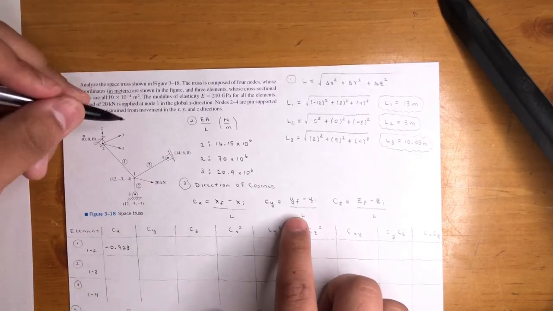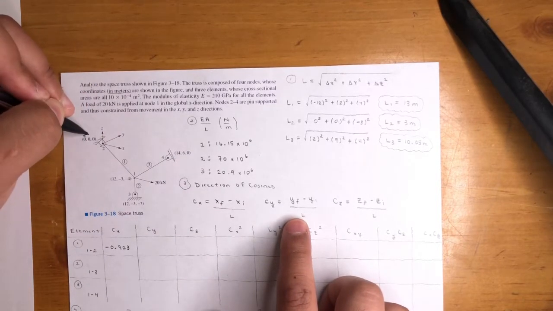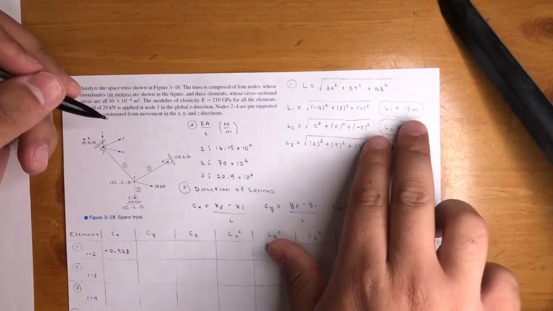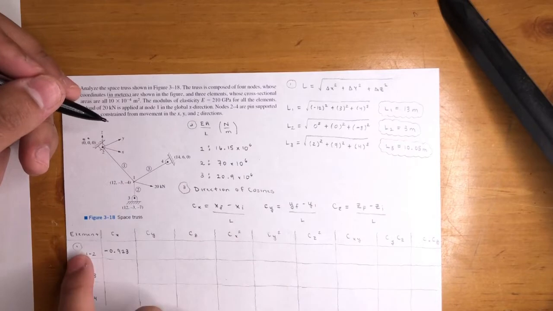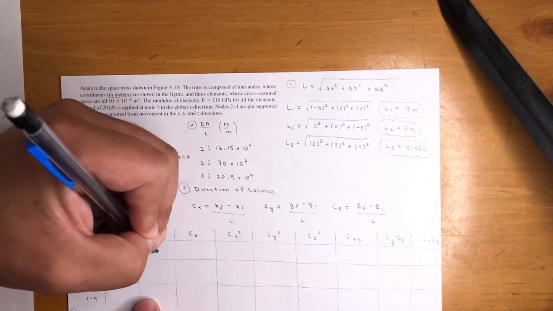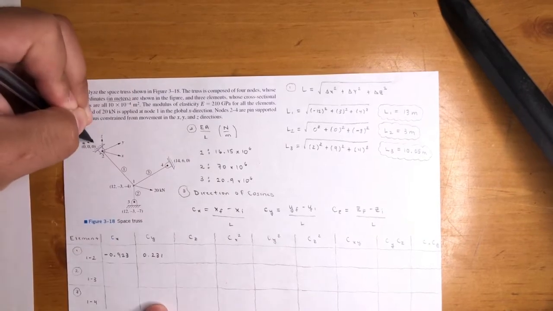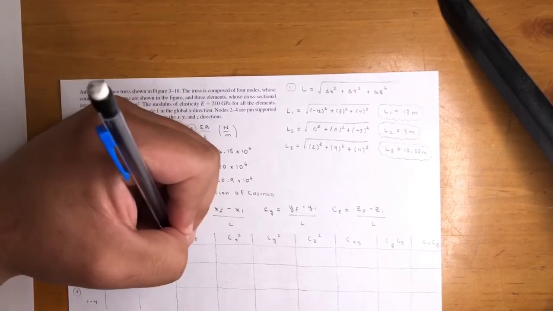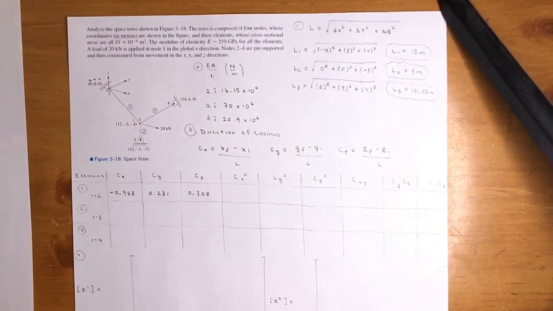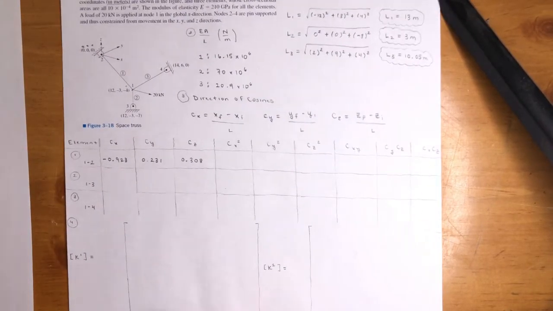Let's do another one, right? YF, so it's 0, this 0 right here, minus negative 3, that's positive 3, divided by 13, the length for element 1. If you do that, you'll get 0.231. Do the Z one now, this one minus this divided by 13, you will get 0.308, okay? So that's that.